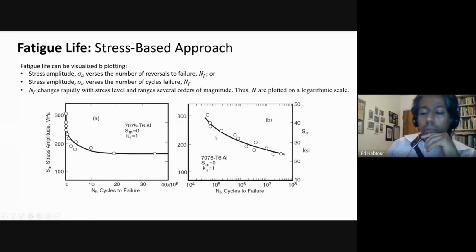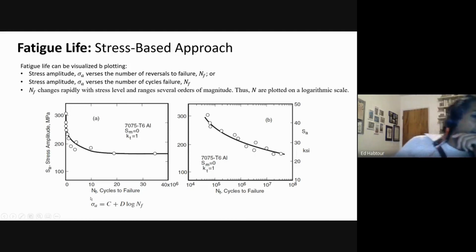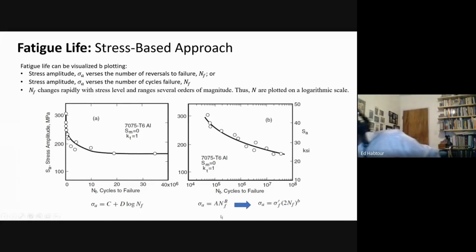Okay. And the calculation is really simple. You've seen this in your math courses. It's really nothing other than a constant plus another constant times the log of the number of cycles. And from that, you can express it in a power form.